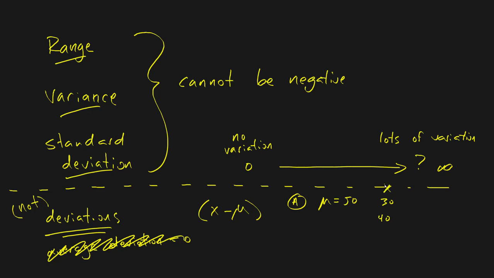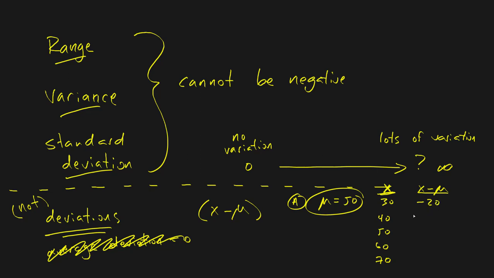So these were my x values. Somebody was making 50, 60, and 70. So the first couple of values here, $30,000 and $40,000, are less than $50,000. So when we look at deviations, they can be negative. So x is 30, minus the mean, which is 50. 30 minus 50 is negative 20. The negative here is fine.